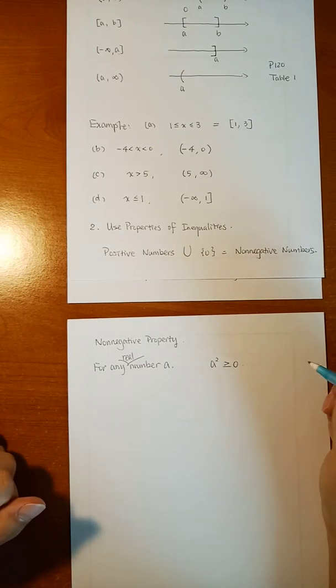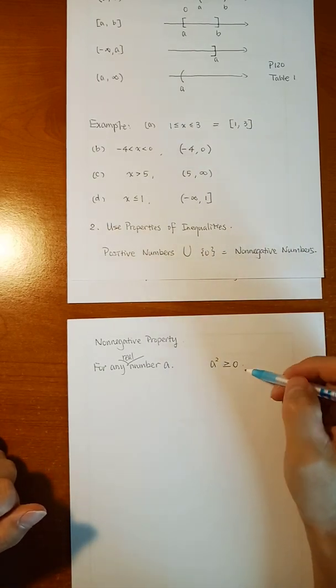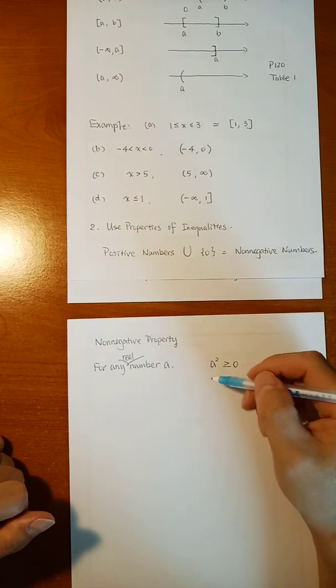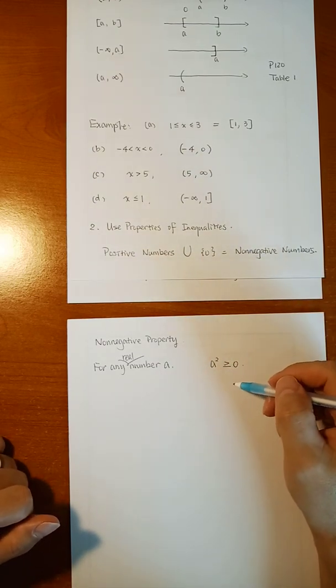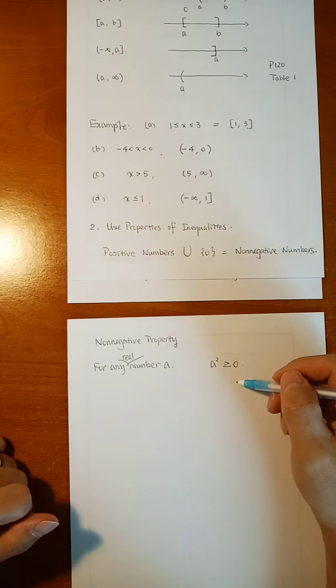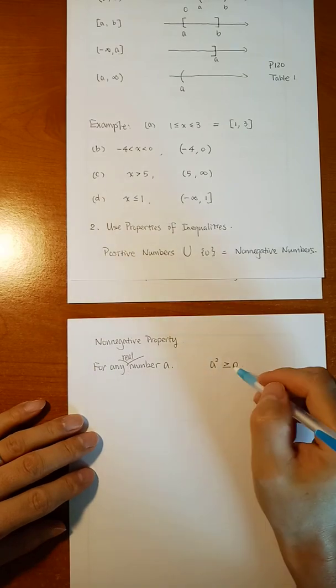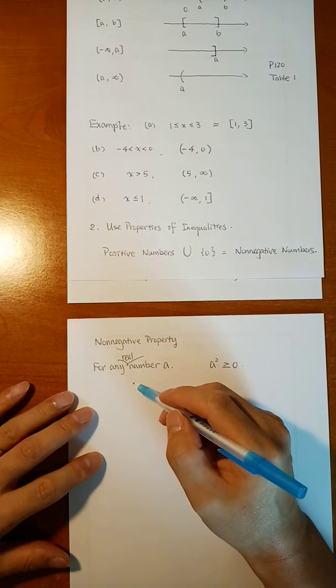It can be 0. When a is 0, 0 squared is 0. When a is not 0, either positive or negative, a squared is always positive. So this property only works for real numbers.